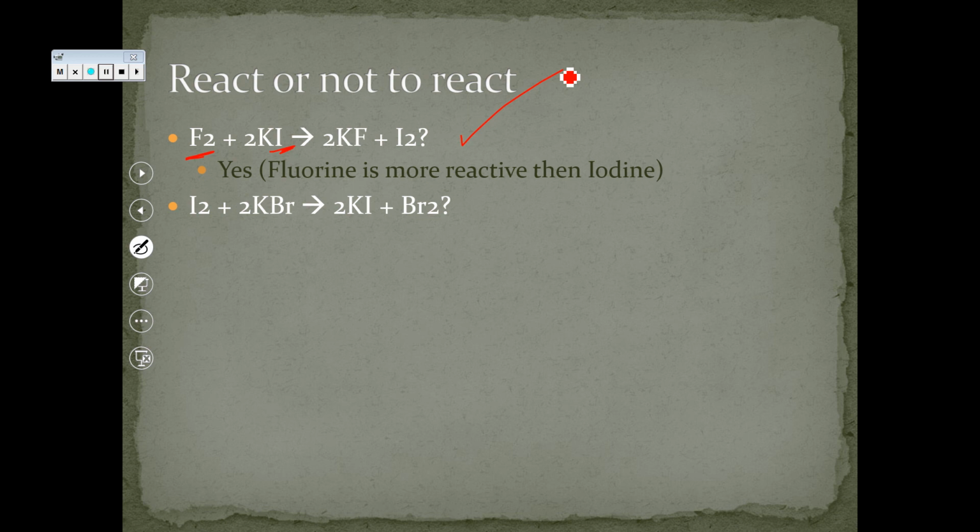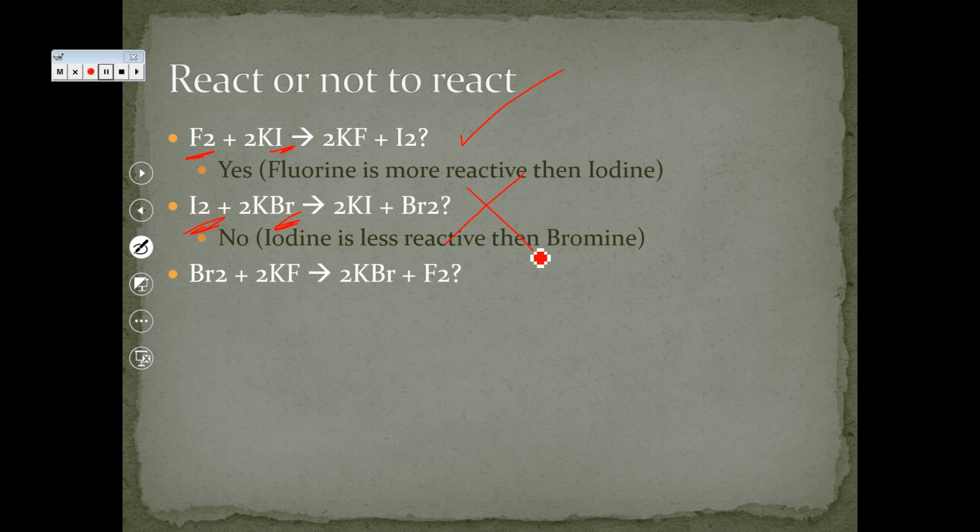I2 plus 2KBr. Your halogen is I2. It's going to try to replace Br. Is iodine above or below Br? It is below Br, so it is not as reactive. This reaction will not occur. Br2 plus KF. Bromine is your halogen.